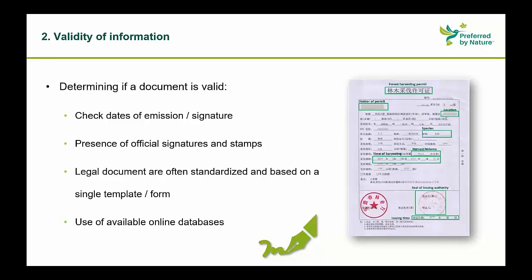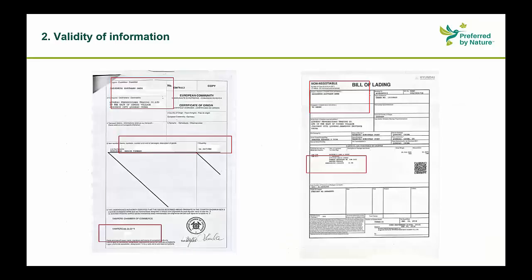I know that some countries, I believe Australia, have a database to check export documents. And there are a few other examples. So use those tools whenever they're available. Know that it's not the case all the time, but when they are there, do use them.